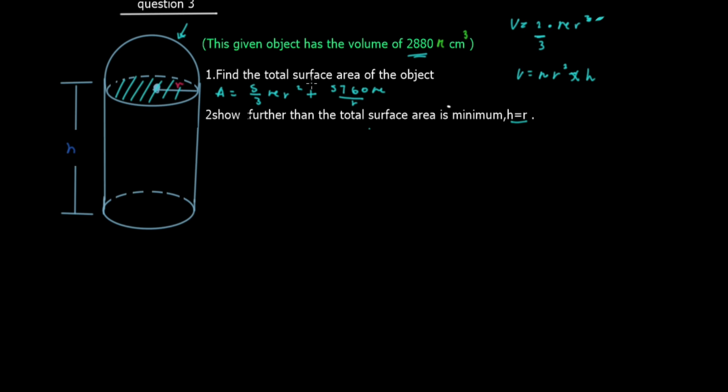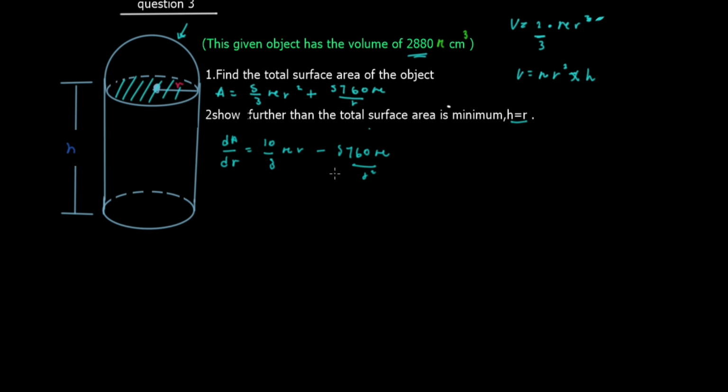So dA over dr is going to be 10 over 3 pi r plus negative 5760 pi over r squared.